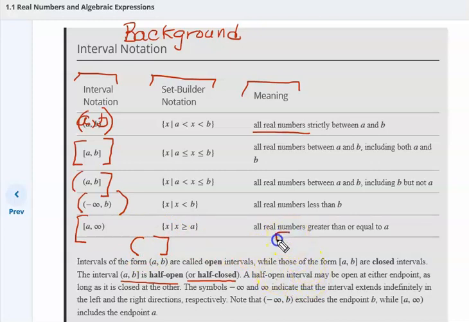Now, two brackets would indicate a closed interval because you're defining the specific end and the beginning of something, and both of those items are included in the set. Okay, again, a short treatment of this, and I know it's a little tedious, but it is background information.